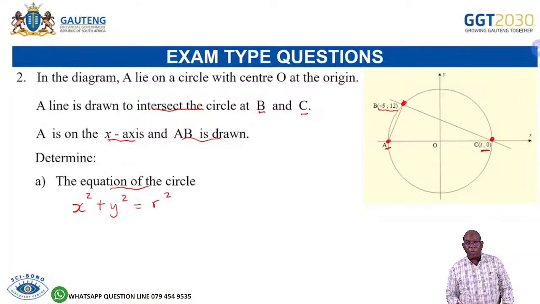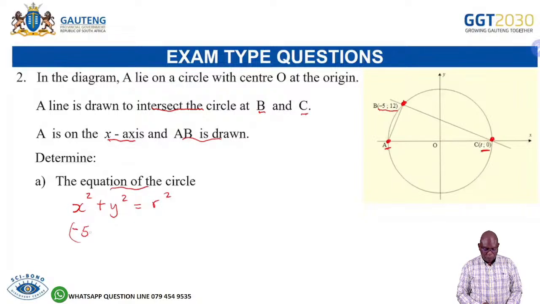So for me to get the equation of the circle, I need r squared. So my x will be minus 5 squared, my y is going to be 12 squared, equals r squared. So I'll get 25 plus 144. And if I use my calculator correctly there, I must get 169.